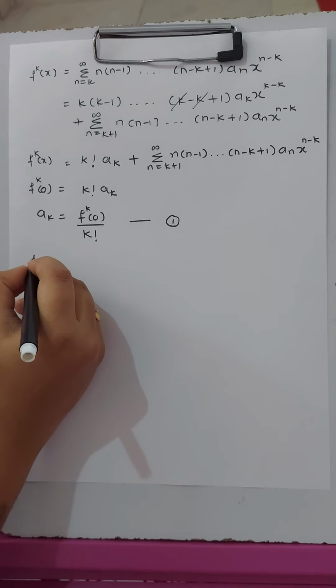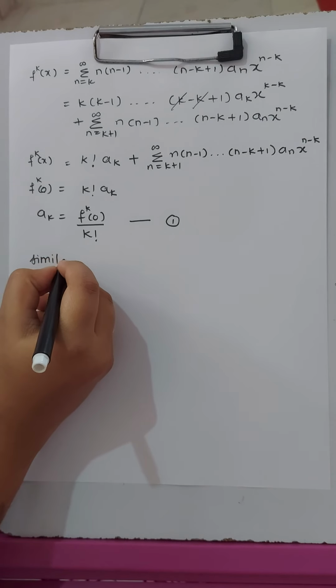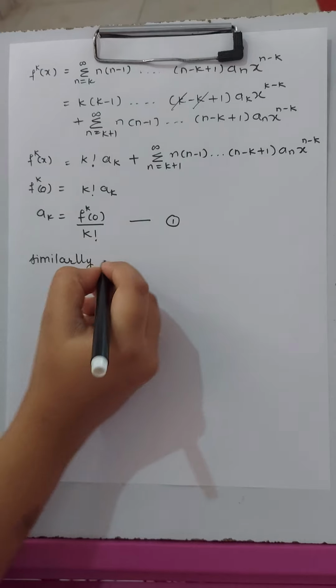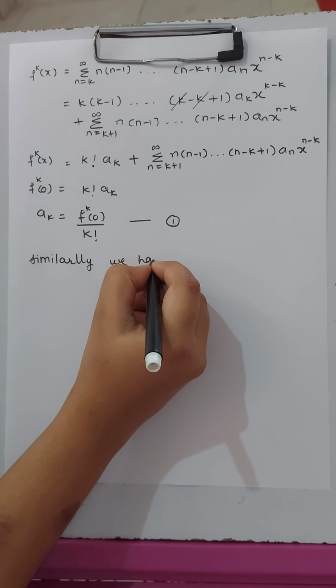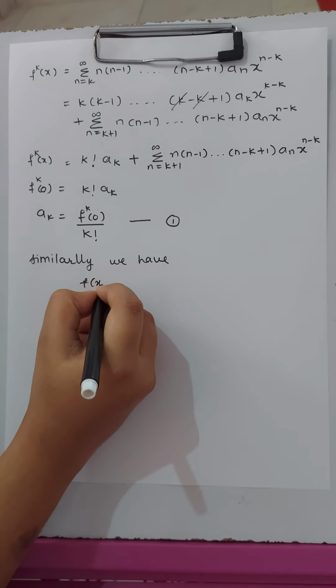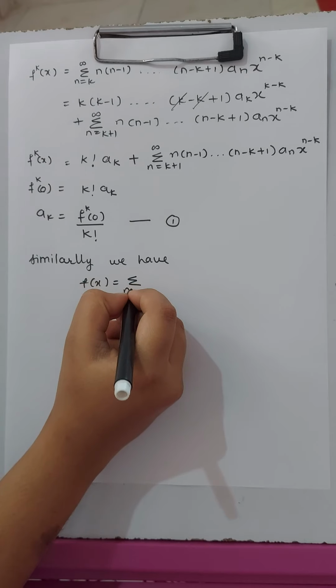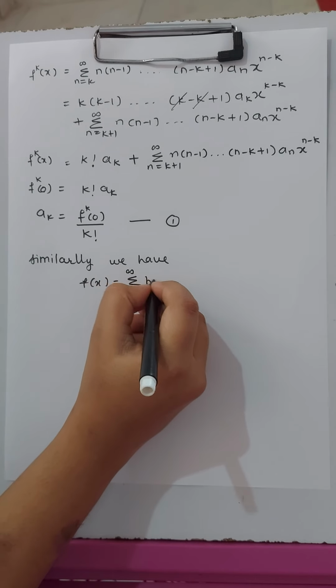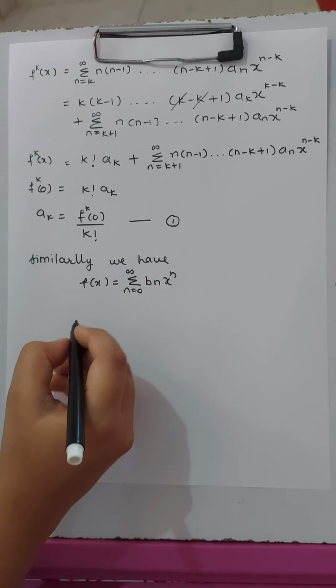Now similarly we have f of x equals summation n from 0 to infinity bn x to the power n.